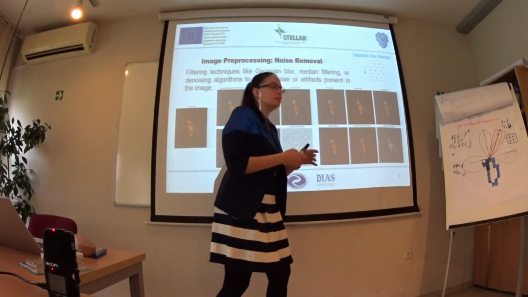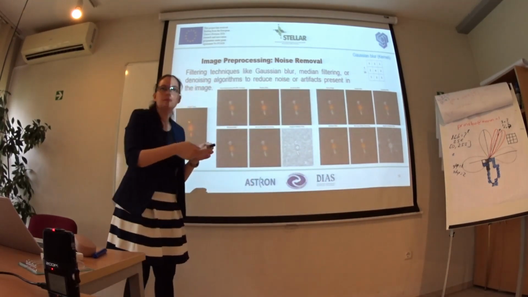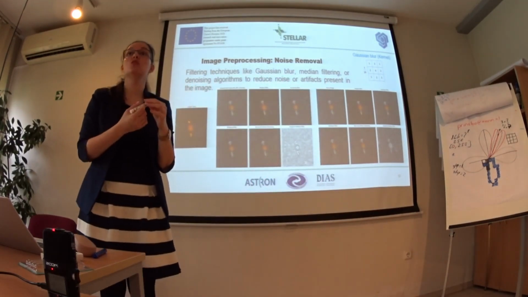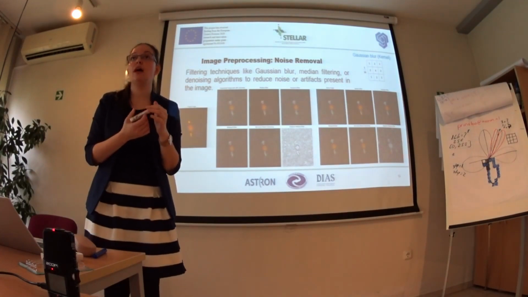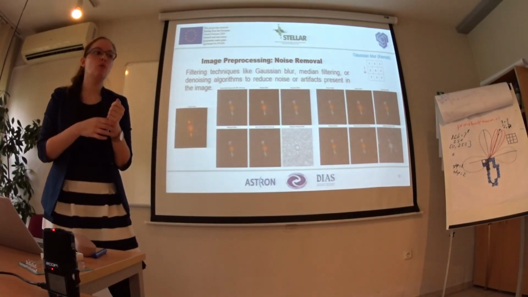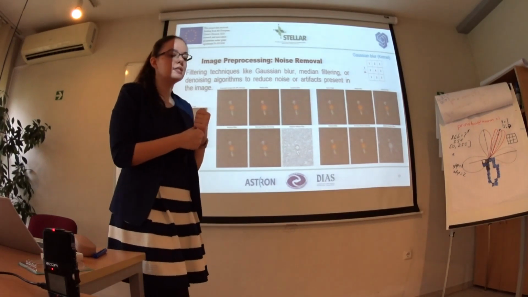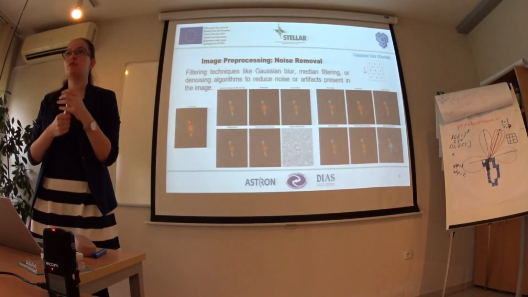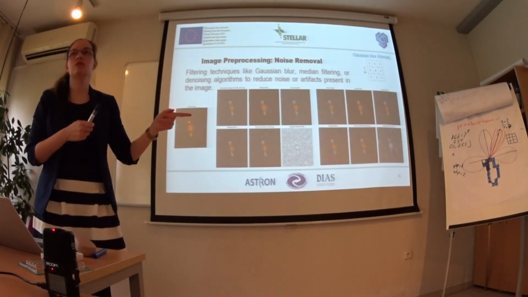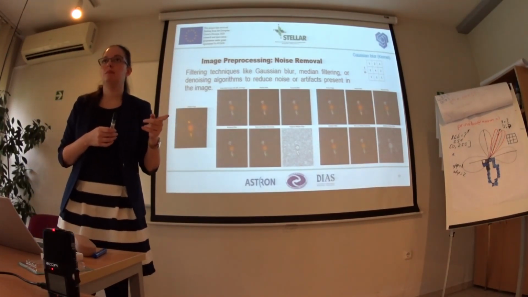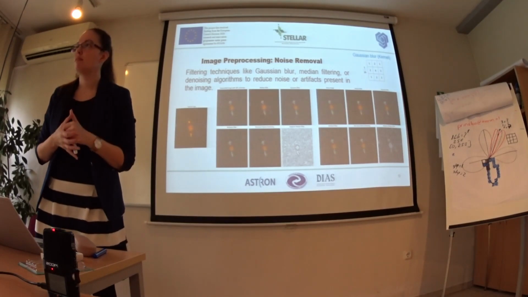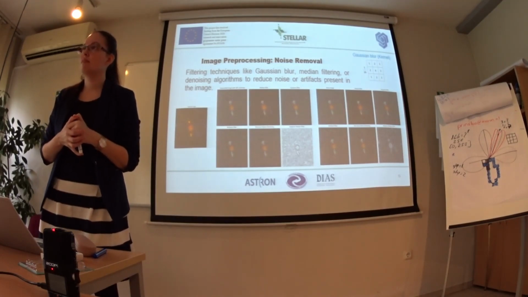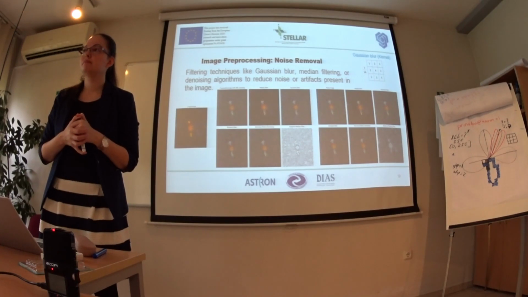Adapting means that you will recalculate again and again, depending on the histogram that you have at the beginning. So you will receive better results if you adapt the value of the filtering, not only the size or the step. Okay? But this is noise removal when you don't have dark frames.